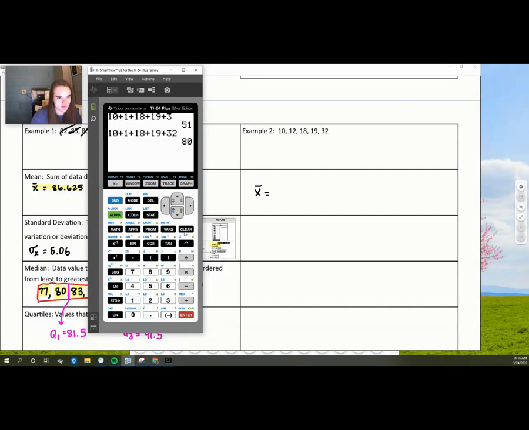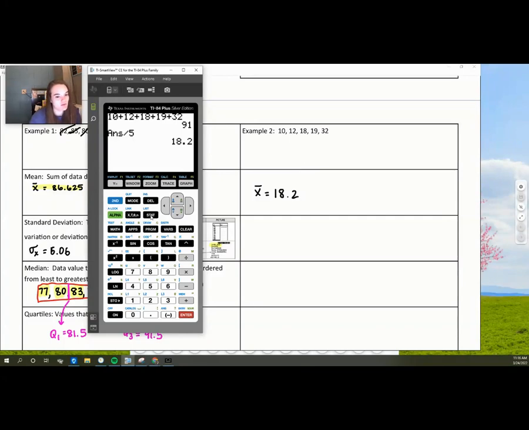Do you see how I put 1 instead of 12? Let's just start over. 10 plus 12 plus 18 plus 19 plus 32. Okay. Divide that by 1, 2, 3, 4, 5. So our mean is 18.2.